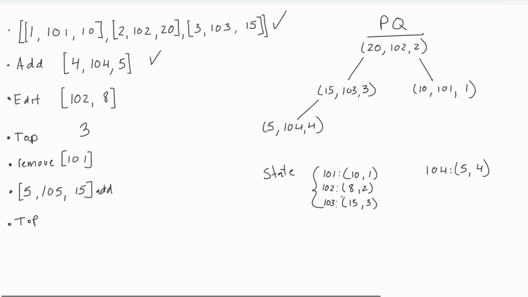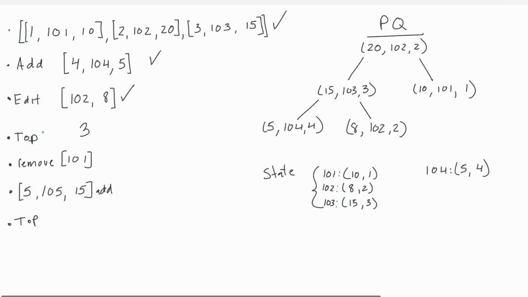Now you see that my priority for 102 is 8, and then I'm also going to add in a new entry into my heap with a priority of 8 for 102 and then a user of 2. So now you'll see something interesting. I actually have 2 entries, right, for this task. I have one with the original priority and then one with the new priority. And this is okay. You're going to see exactly how we handle this conflict.